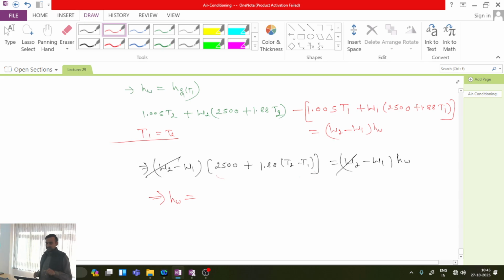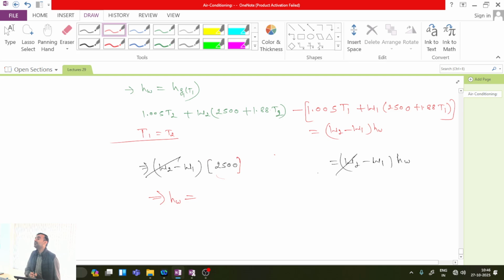Sorry, I am not able to remove this part; I have written it wrongly. Let me write: (W2 minus W1) into 2500, plus some other part also: 1.88 W2 T2 minus 1.88 W1 T1.